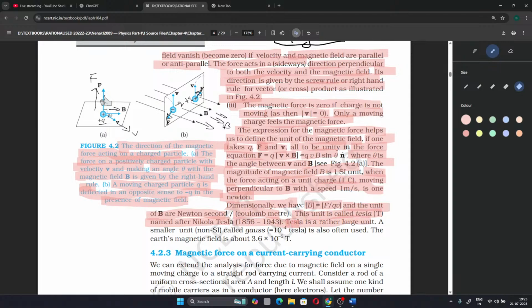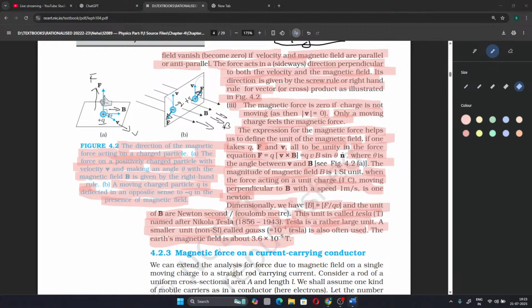Tesla is a rather large unit. A smaller unit, non-SI, called Gauss, 10 power minus 4 Tesla, is often used. The Earth's magnetic field is about 3.6 into 10 power minus 5 Tesla, or rather 3.6 into 10 power minus 1 Gauss.